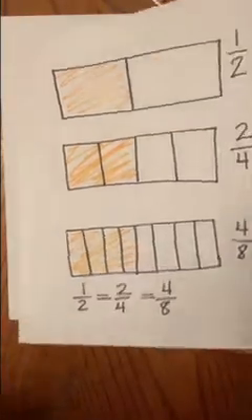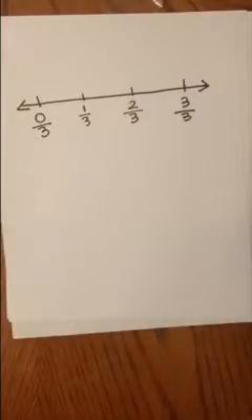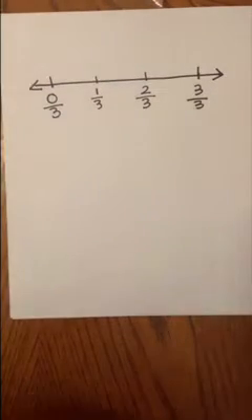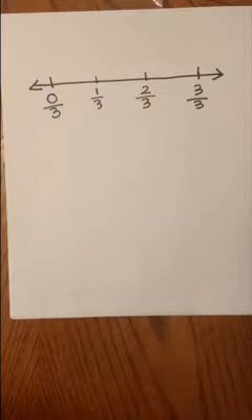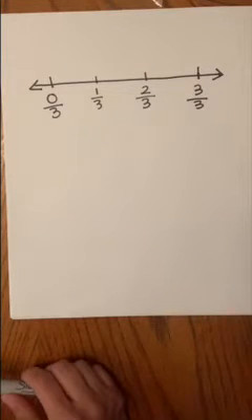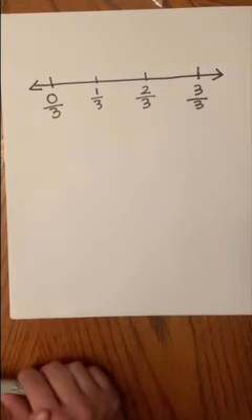Now let me show you something else. This is a number line. And first I started with my tape diagram, right? And I decomposed it to show equivalent fractions. Well, what if I tell you that we can decompose a number line to do the same thing?